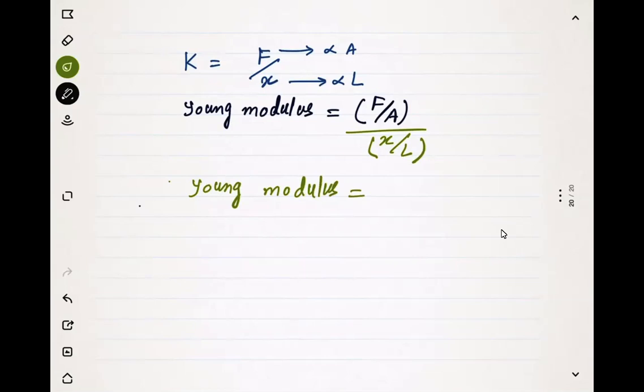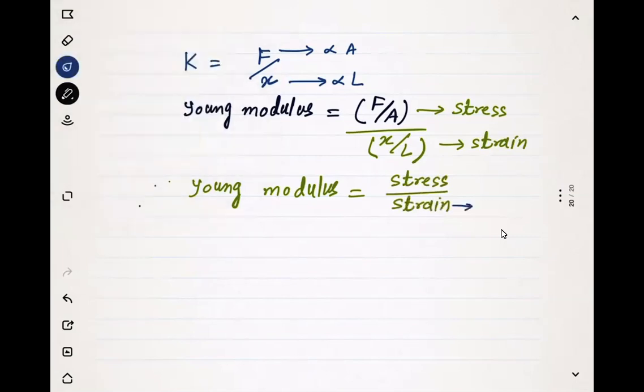Young modulus only depends on the material, while Hooke's constant depends on the material, length and area. So length and area have been eliminated. The quantity in the denominator is called stress. The quantity in the numerator is called strain. So Young modulus can be written as stress over strain. As you see, strain has no unit.